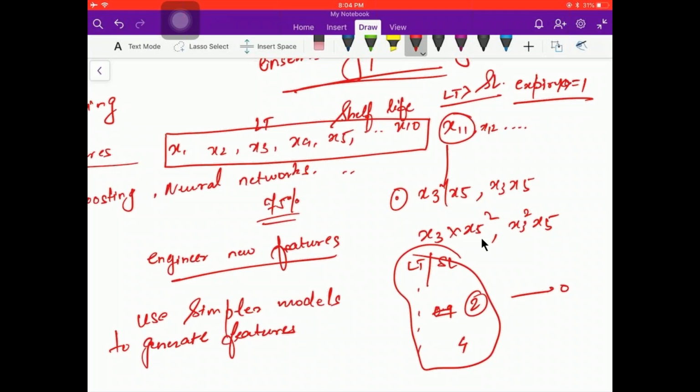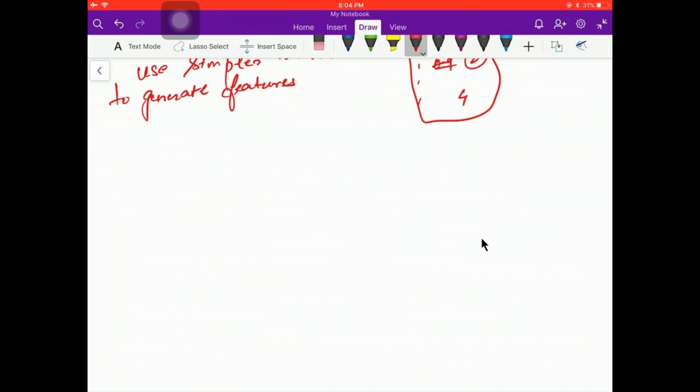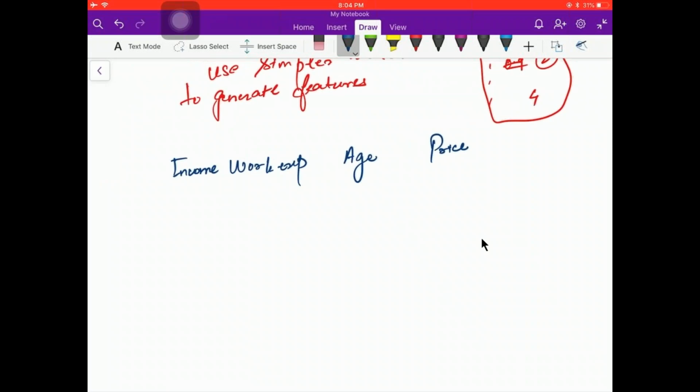Let's take this example that we have been continuing: work experience, age, and income. You have data on this; you have all the prices, this is your training set.